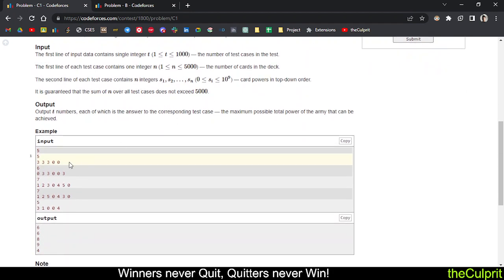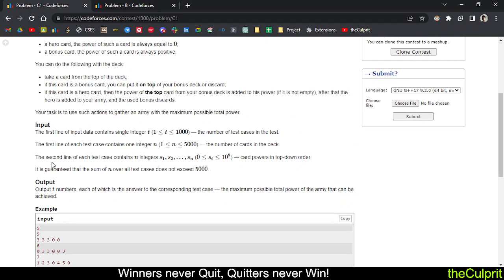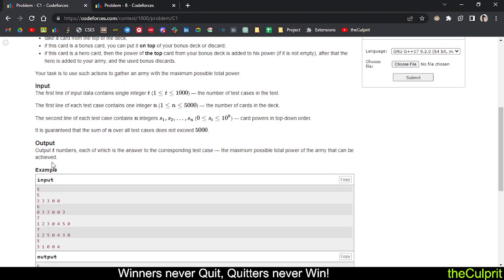I will put in 3, and once I encounter a hero card, then the top card 3 is added to his power. So the hero has 3. So now this becomes 3 and it will be added to our army.